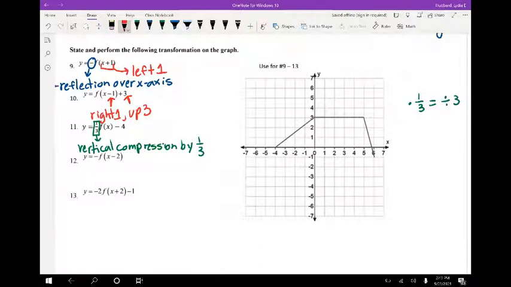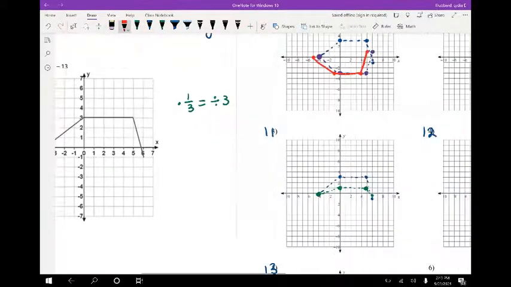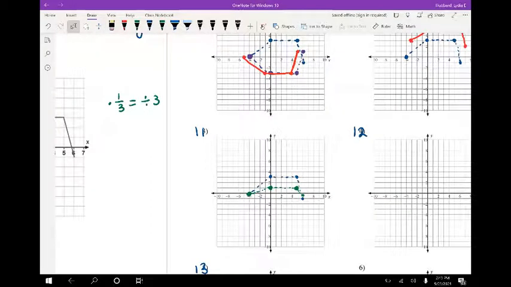So we have this minus 4 that is happening right here. That is on the outside of the parentheses, so that means we're moving up or down. In this case, because it's negative, it means we're moving down 4. So we're going to take all of these green values and shift them down 4. The first point will go there.